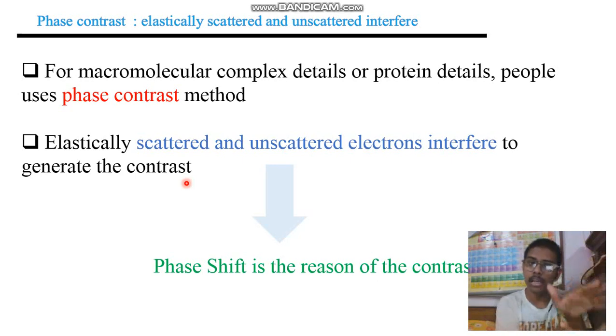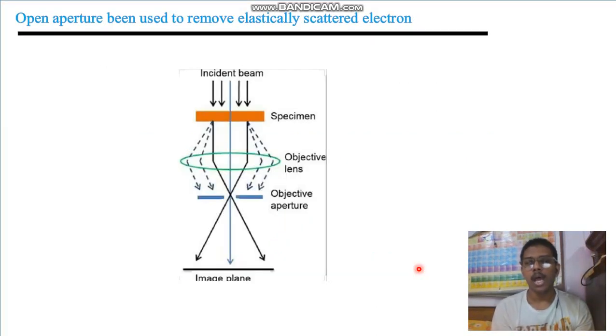These two interfere to generate greater contrast, and a phase shift happens. This is the reason for phase contrast formation, which is helpful for macromolecular complex details.